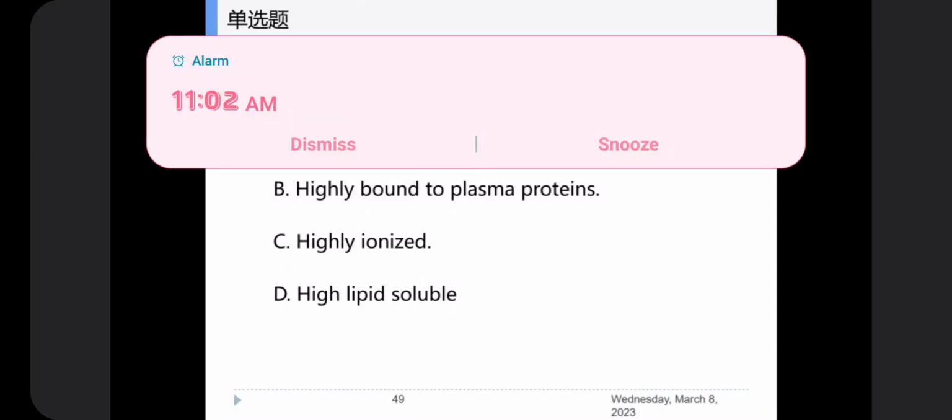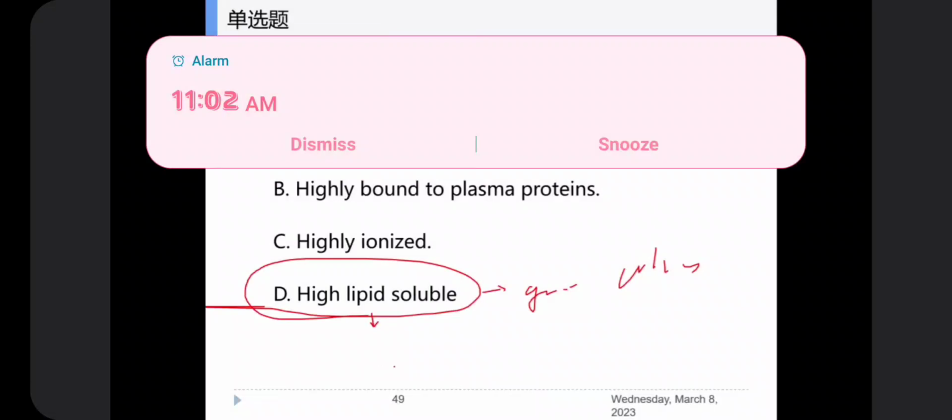Here, for bioavailability of the drug to be very good, we need the drug to be lipid soluble, because most drugs cross the membrane and get good absorption through lipid diffusion. So a highly lipid soluble drug has good absorption. Most drugs can cross the membrane from the intestine to the circulation and finally to the systemic circulation. So it has good absorption.